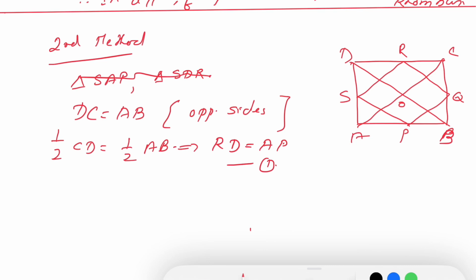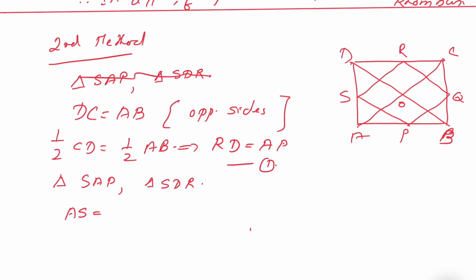So we will consider the triangles SAP and SDR. Now you have AS equal to SD, because S is the midpoint. Now it is a rectangle, so these angles will be 90.